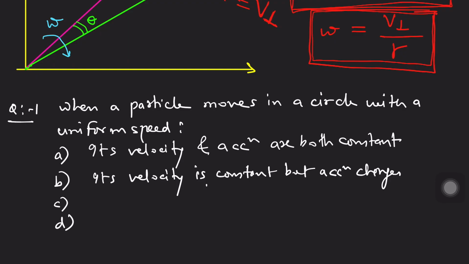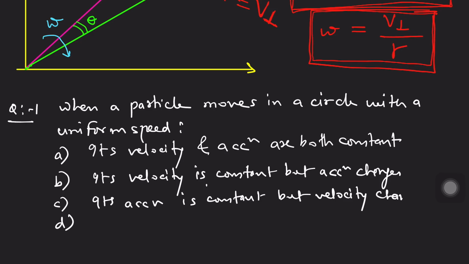Third is, its velocity is constant, its acceleration is constant, but velocity changes. And the last one, its velocity and acceleration both change.